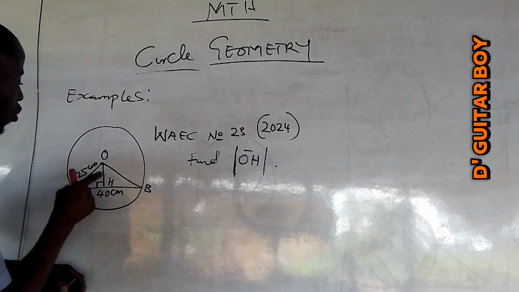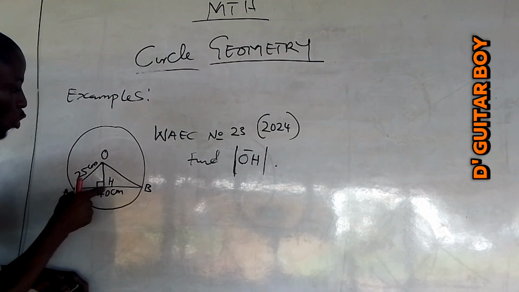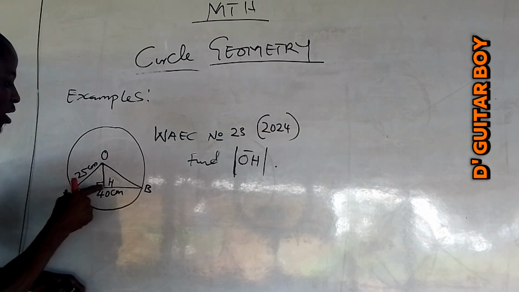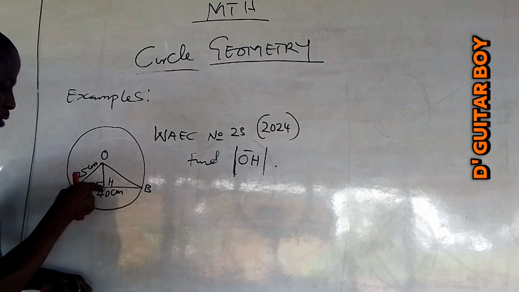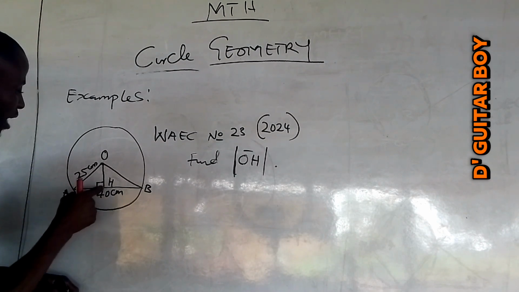Remember, the theorem says that when you draw a line from the center to meet a chord, the angle between the chord and the radius will be what? Perpendicular, in as much as it meets at the center. So how do I know that here to here is half and here to here is half?